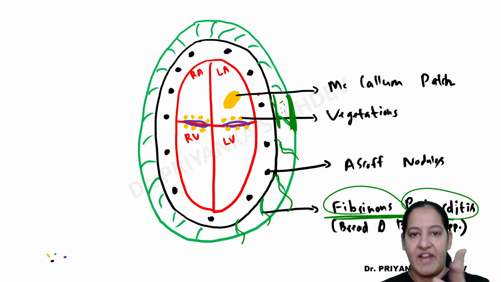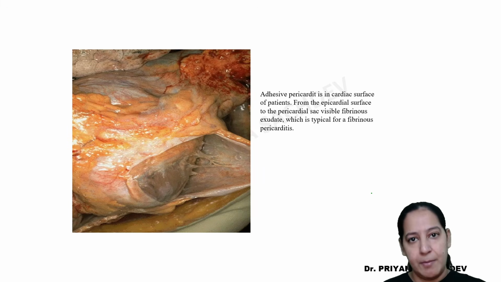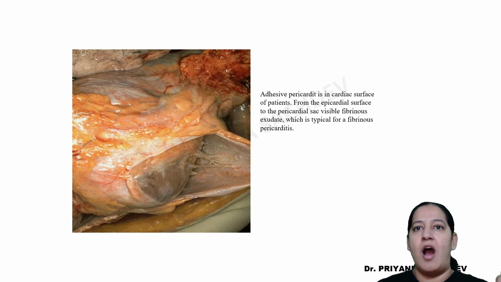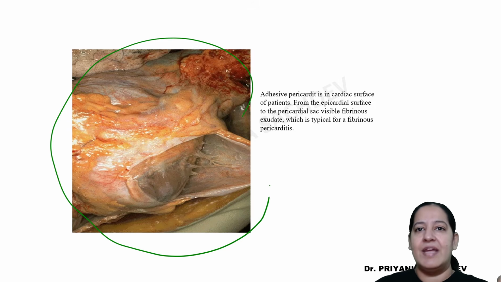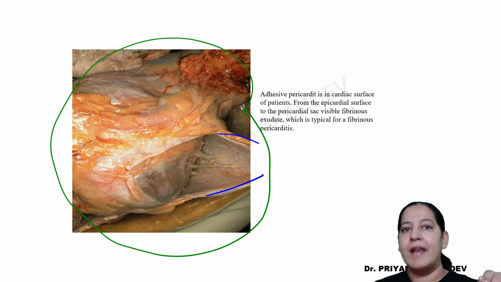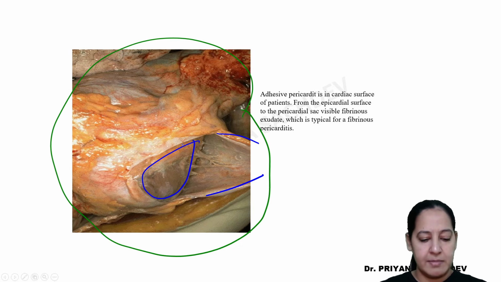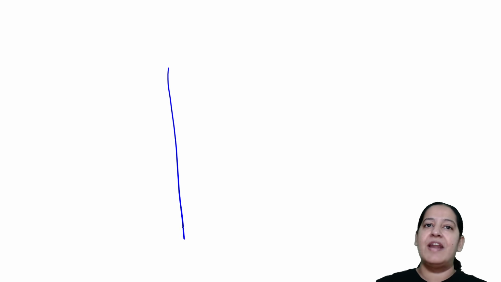So what will happen if I cut it? Just suppose the child is dead because of the disease, rheumatic fever, and I am doing the autopsy of the child. I am taking the heart out. Can you see? This is the heart. In the heart, this is the pericardium, and this is the myocardium. So when I'm cutting with the scissor, I'm separating the pericardium from the myocardium. So what I'm seeing is bread and butter appearance.